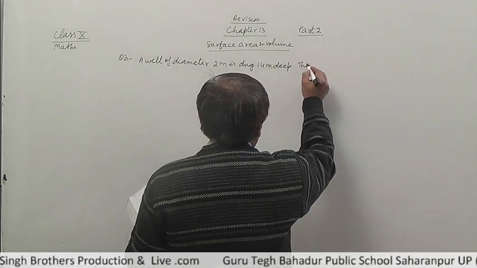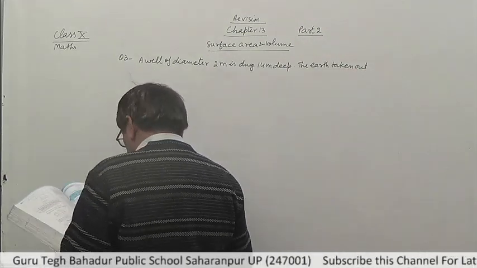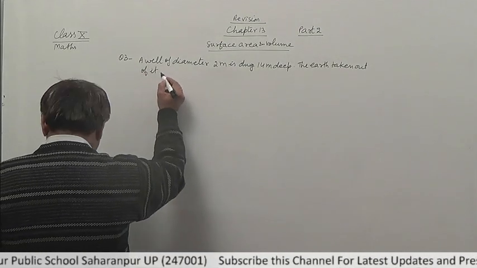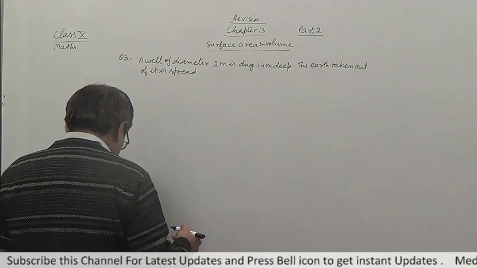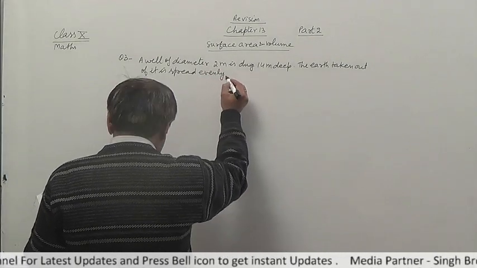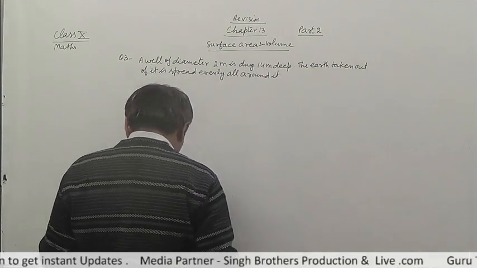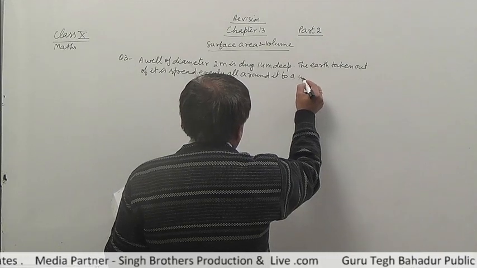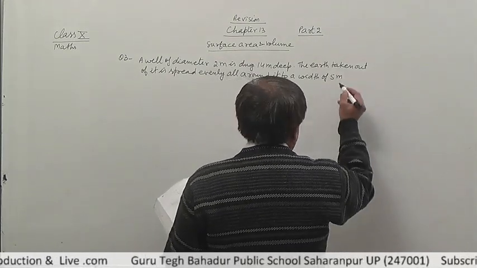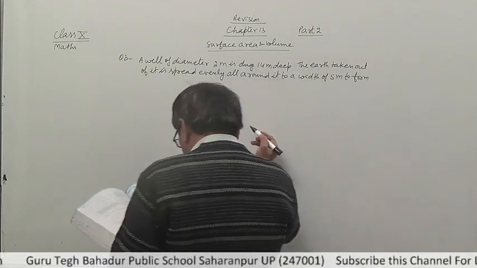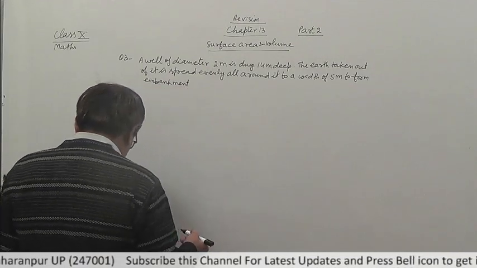The earth taken out of it is spread evenly all around it to the width of 5 meter to form an embankment. Find the height of the embankment.